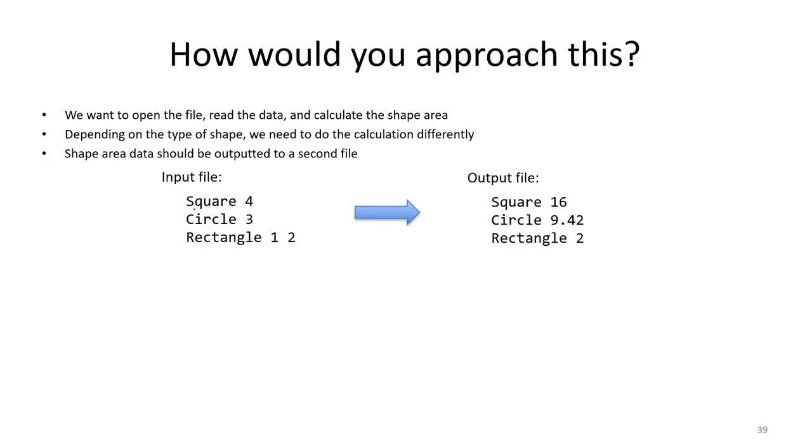Let's suppose we have just opened our file and we have the word square. Well, we would need to read the shape type from the file, and then we need to check what type of shape we have.